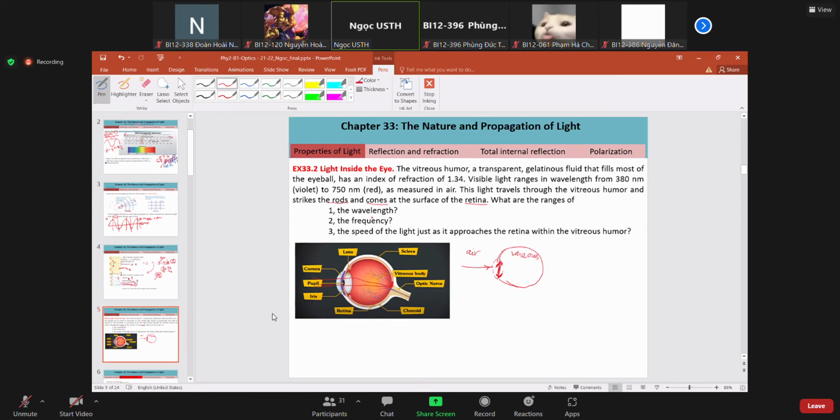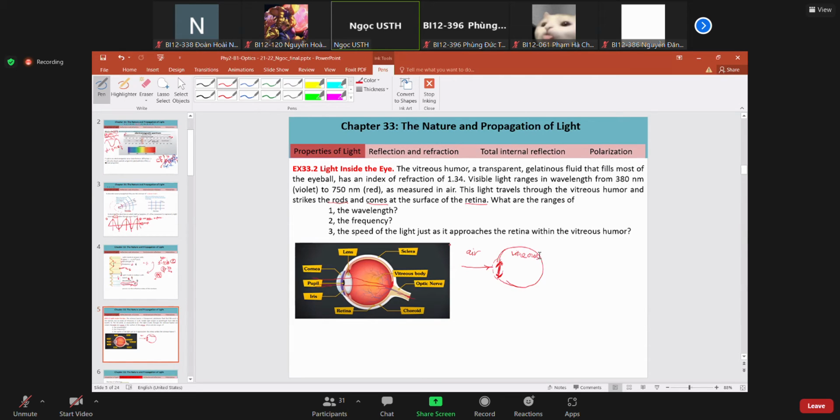If I remember correctly, the rods process the white and the black, and the cones process the colors. Then it is converted into an electric signal and sent to your brain through the optic nerve. This optic nerve connects to the brain, and then you can know the color and the dimension of the object you see.